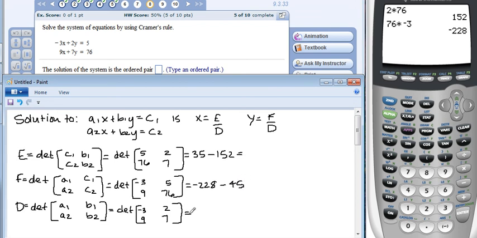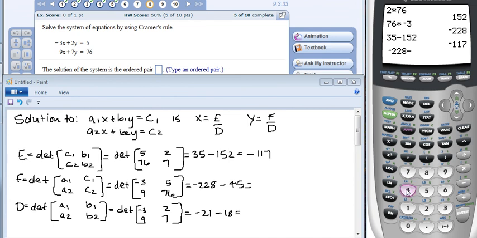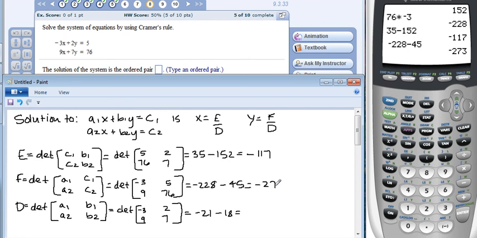Negative 3 times 7, minus 2 times 9. I'll just use my calculator for these. 35 minus 152 is negative 117. Then I've got negative 228 minus 45 for negative 273. And then negative 21 minus 18 is negative 39.